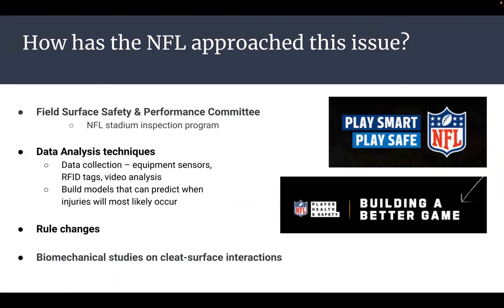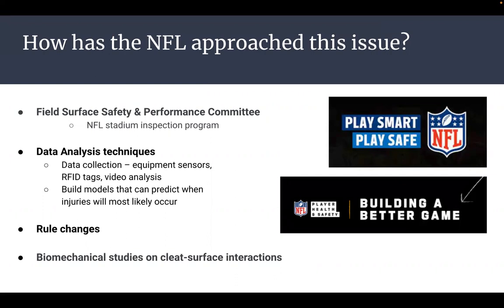The NFL is also using data analysis techniques to ensure optimal player safety. Through these techniques, they collect data on every move a player makes through sources like equipment sensors, radio frequency ID tags, and even video analysis.